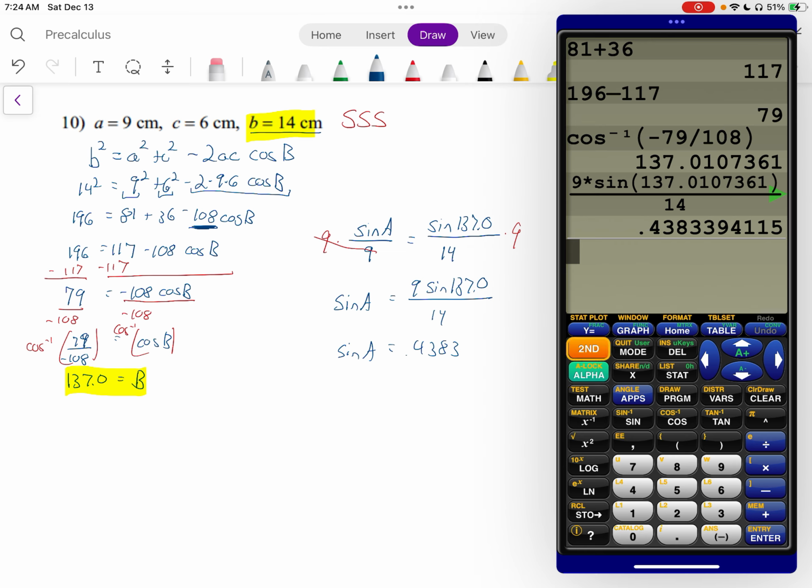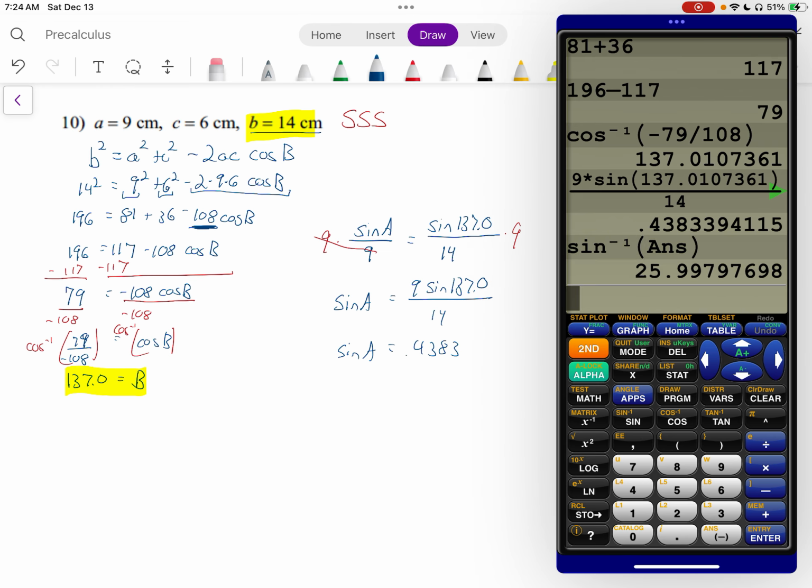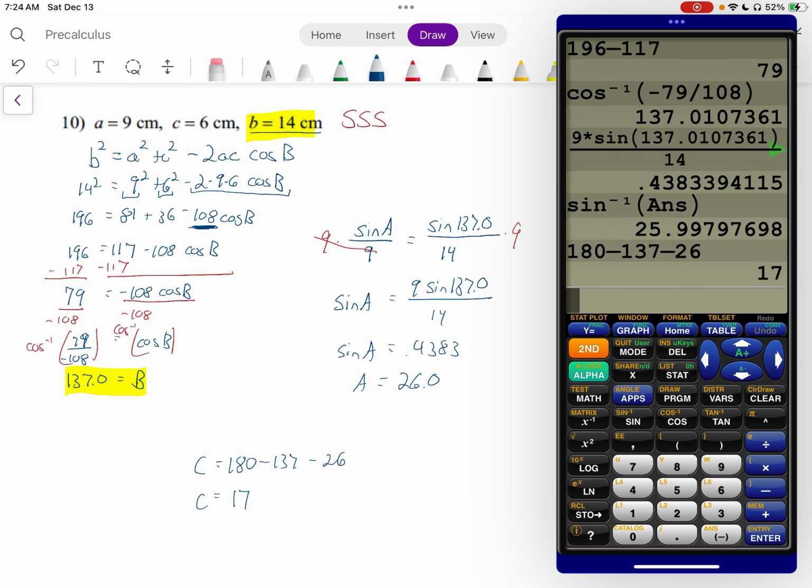So on your calculator, you can do inverse sine of that previous answer there. And we get that angle A is 26.0. And then we can find angle C is going to be 180 minus the 137 minus the 26. So 180 minus 137 minus 26 is equal to 17. So angle C is 17. And we solved the triangle.